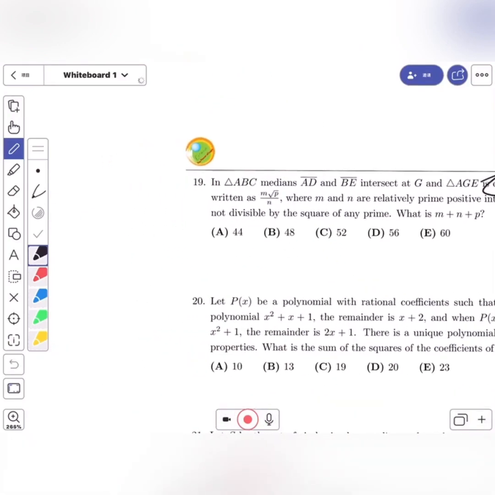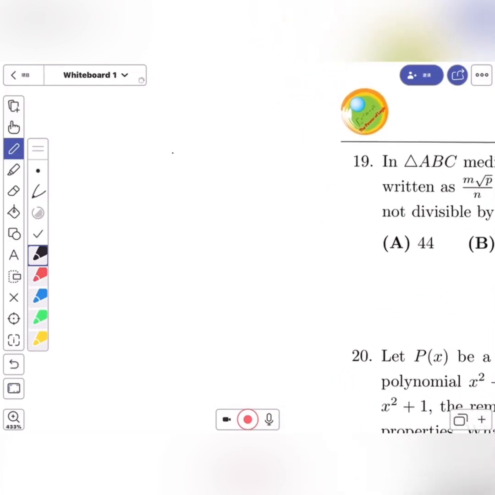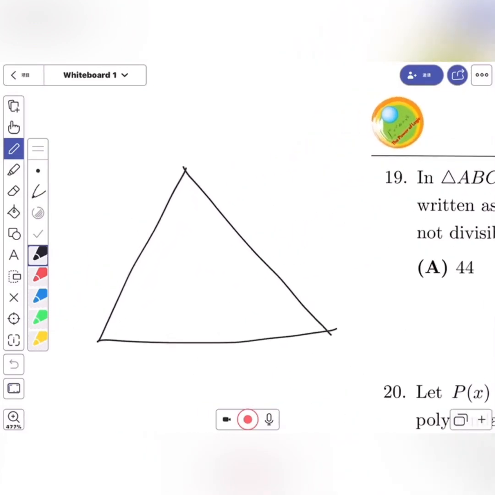So for this one, we actually need some more space. So let's just draw an accurate diagram. We have this triangle right here, and it's saying the medians AD and BE.